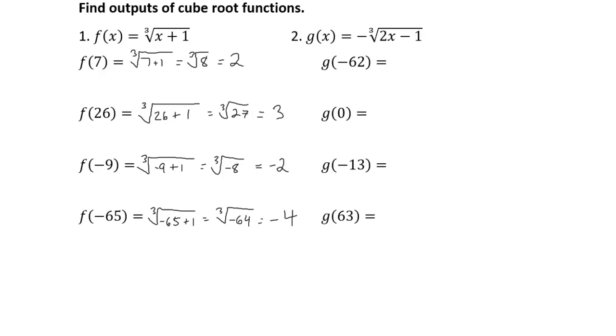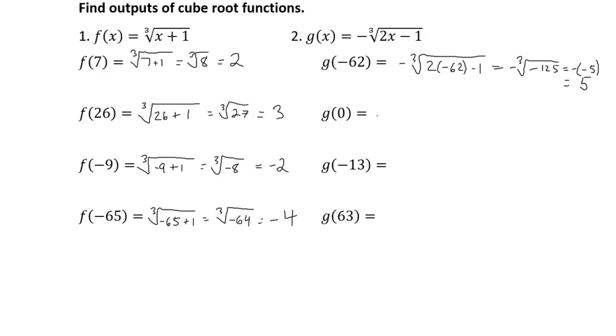All right. Over here, we have negative cube root of 2 times negative 62 minus 1, which is the negative cube root of negative 62 and 2 give us a negative 124 minus 1 is a negative 125, which is negative 5, which is positive 5.